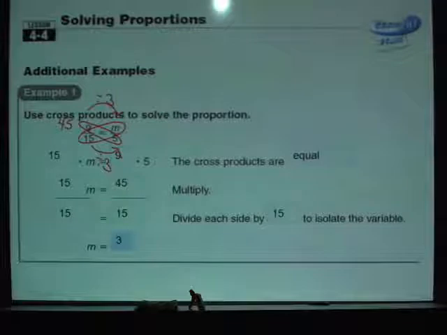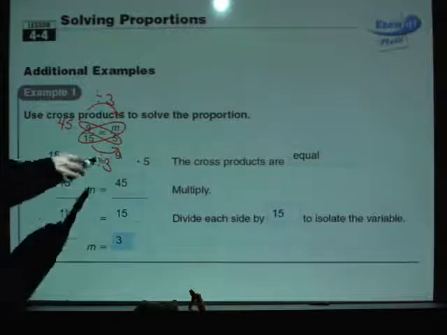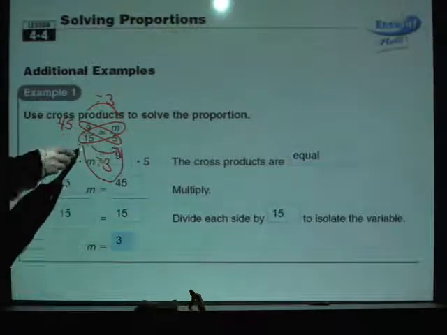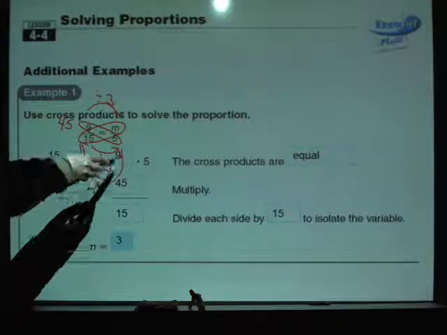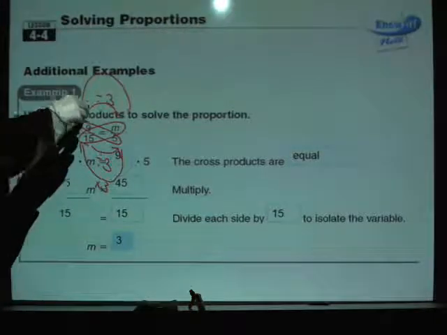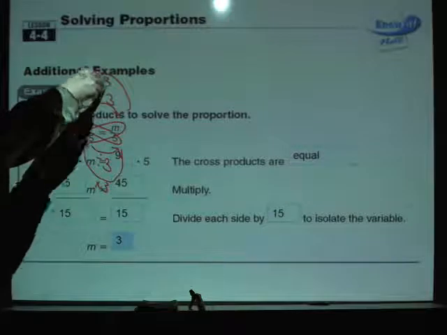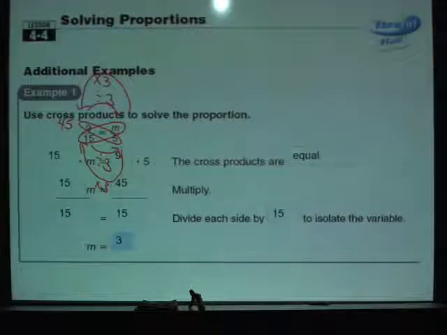You can make it travel the other way if you were to need to, going from 5 to 15. That would be multiplying by 3, so going from right to left in the numerator would also be multiplying by 3. What you don't want to do is throw adding or subtracting into the mix. That will not work. But multiplying and dividing, multiplying by a whole number, multiplying by a fraction, dividing by a whole number, dividing by a fraction, that will always work here.